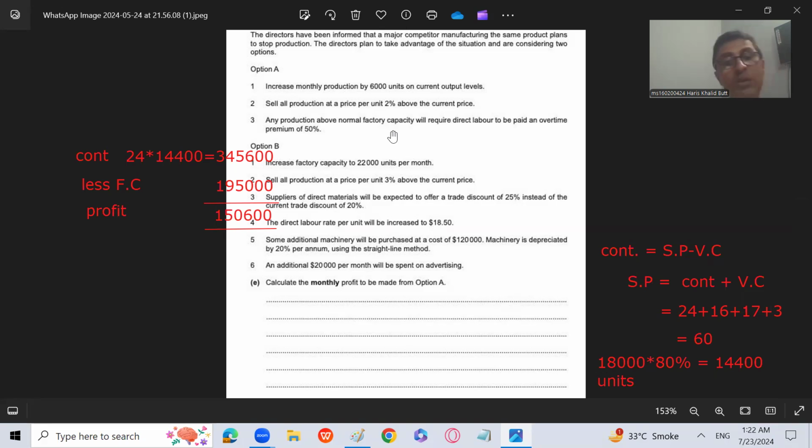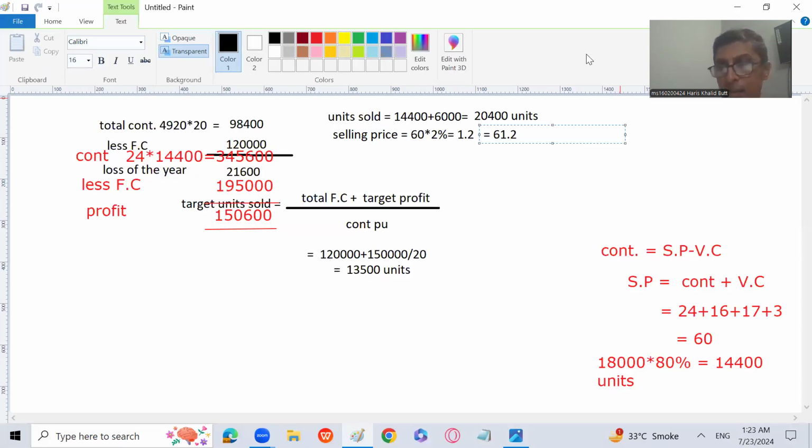If I'm not wrong, I think 18,000 units is the normal budgeted capacity. We can check it again. So 18,000 units is going to be the normal capacity.